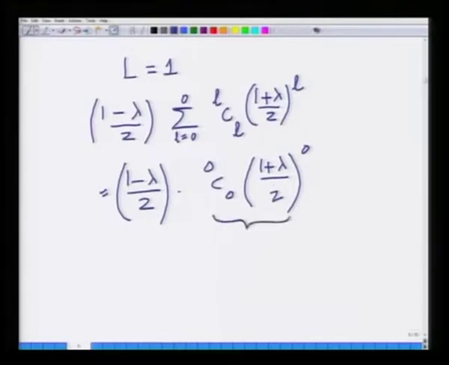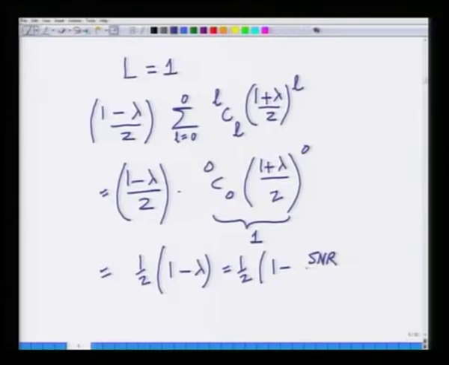This whole term here is 1, which means this reduces to half times 1 minus lambda, equals half times 1 minus the square root of SNR divided by 2 plus SNR.